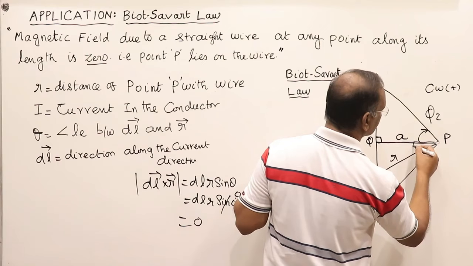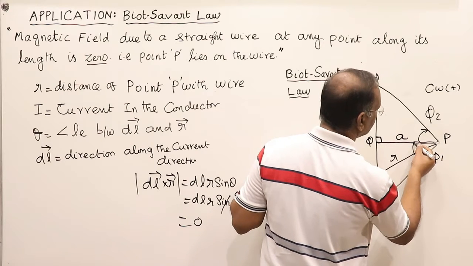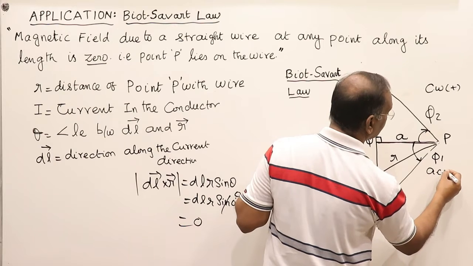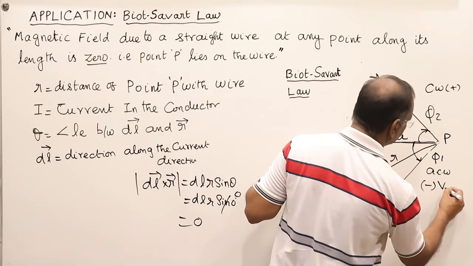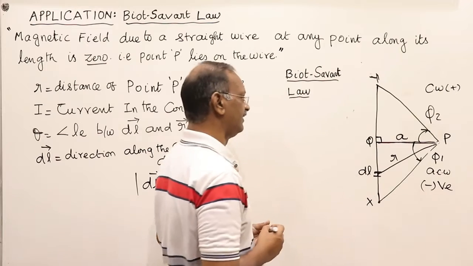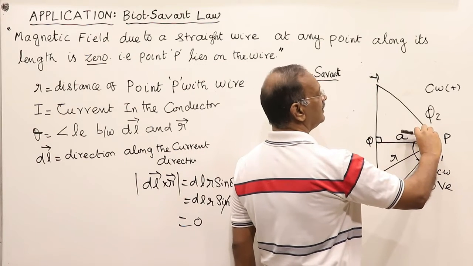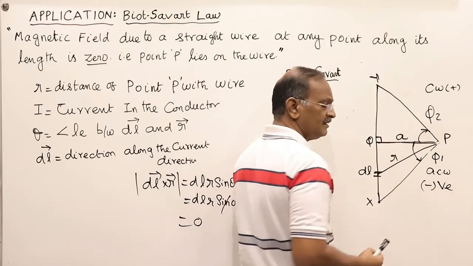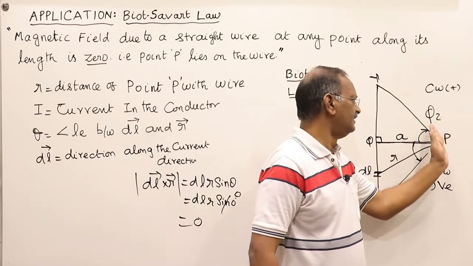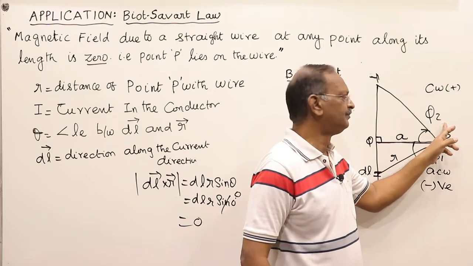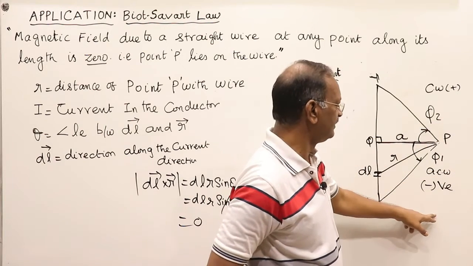In this one we measure phi 1, in the anti-clockwise direction, which we take as a negative angle. So from this reference line, we go in the clockwise direction for phi 2. In some books it may be theta 1 and theta 2, but we are not worried. This angle is always positive and this angle is negative.